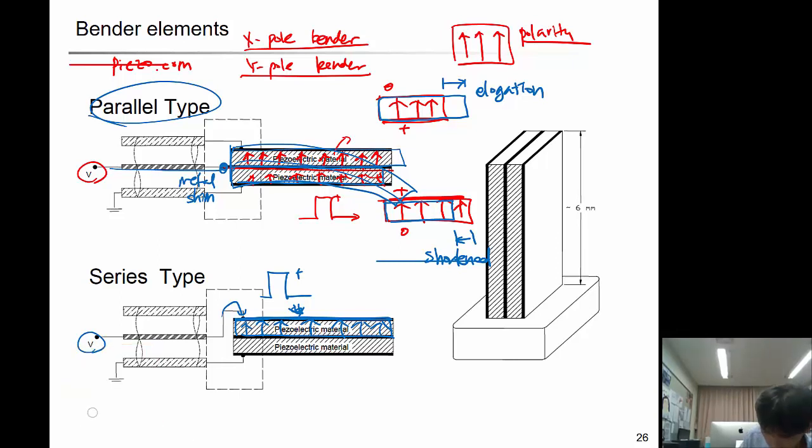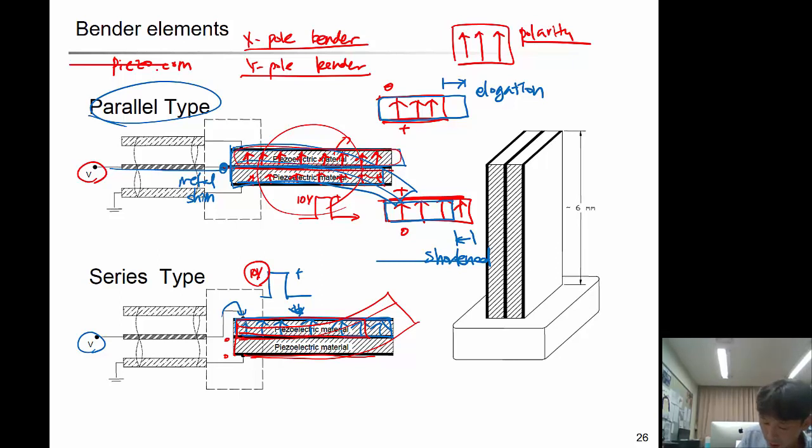To be consistent with the parallel model, it will be shortened. But this will stay the same, because here is 0 and also here is 0. Then it will be reflected like this. But the difference is that here, for example, it's the same 10 volt and the same 10 volt.